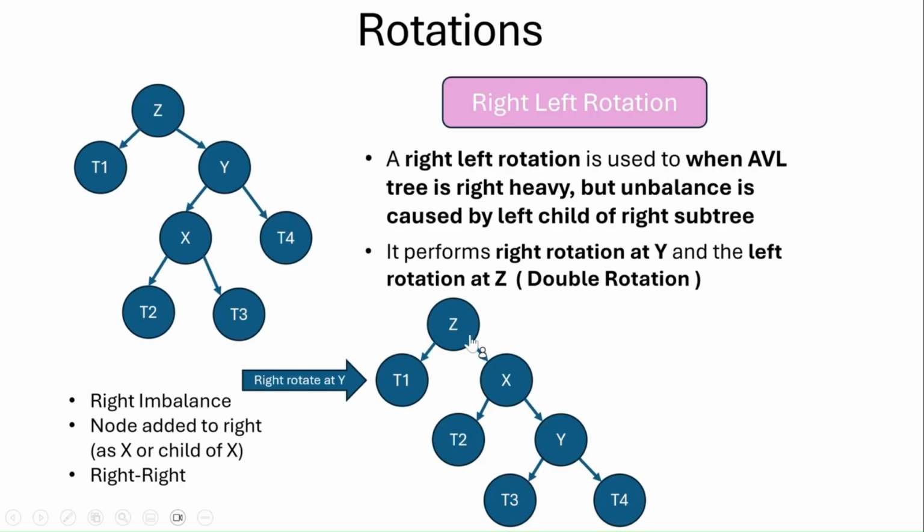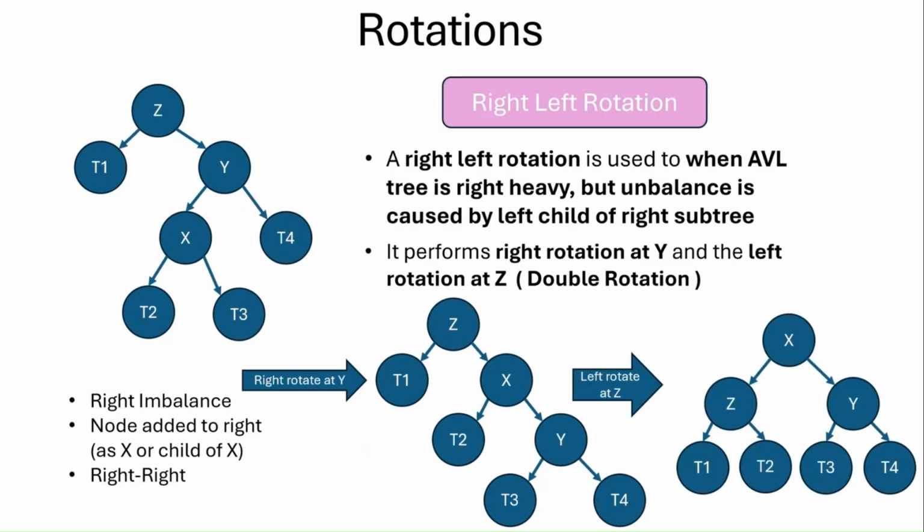So the tree became like this, and this is a right situation, which can be easily solved by left rotation at Z. So left rotate at Z, then the tree becomes like this. Left rotate at Z means the right child of Z, which is X, becomes the new root, and Z becomes the left child of that new root. Now because X became the new root and Z became the left child of X, the link between X and T2 is broken.